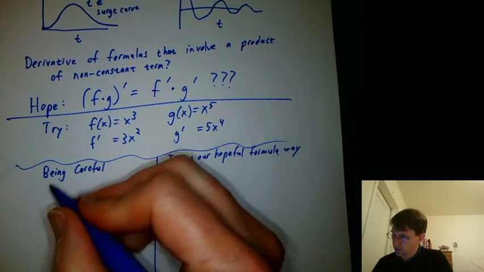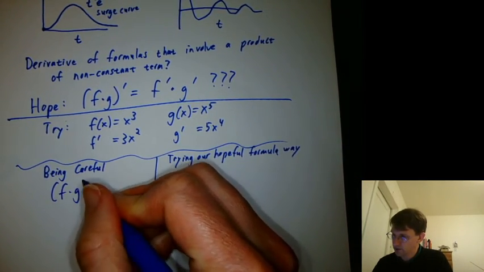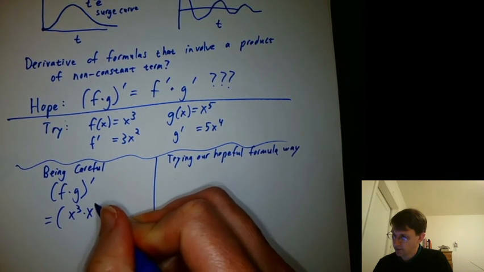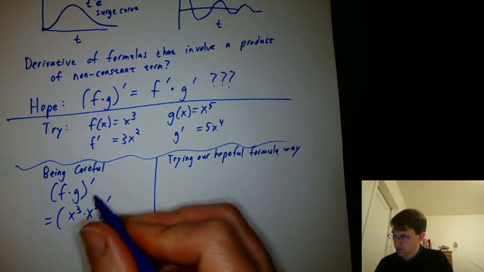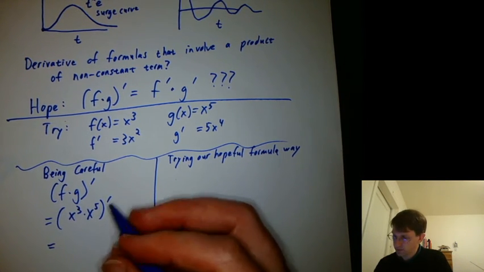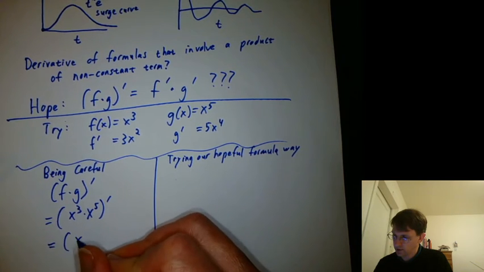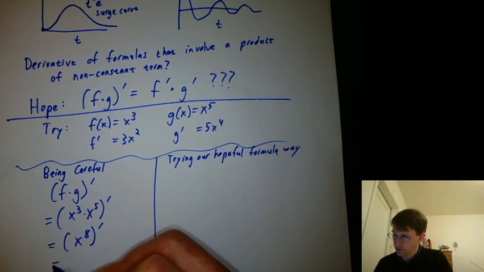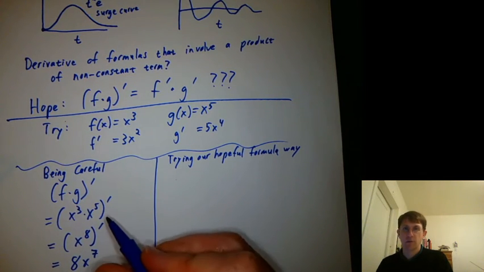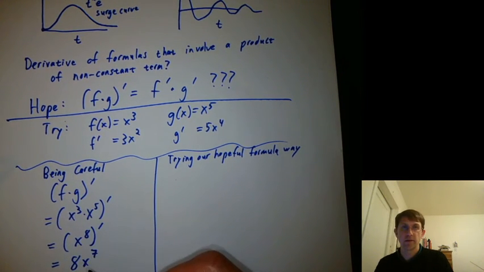So being careful, I'd say f times g is x cubed times x to the fifth, and still take the prime, and then see if you can take the next step here to simplify that. We get x to the eighth prime, which would be 8x to the seventh. And we're pretty sure that works. We're pretty sure about each step here.